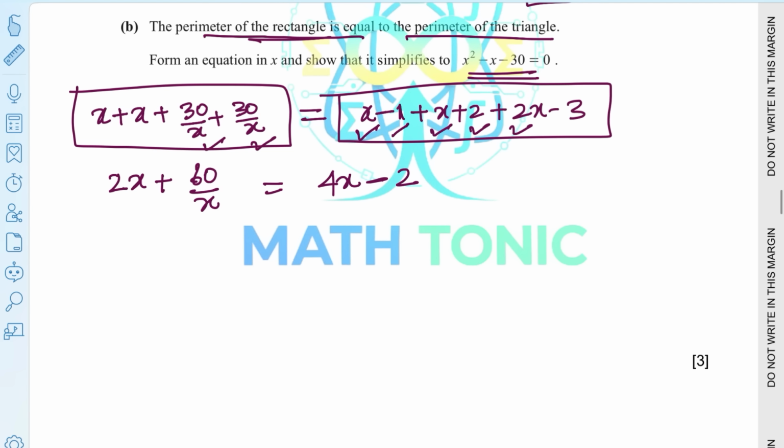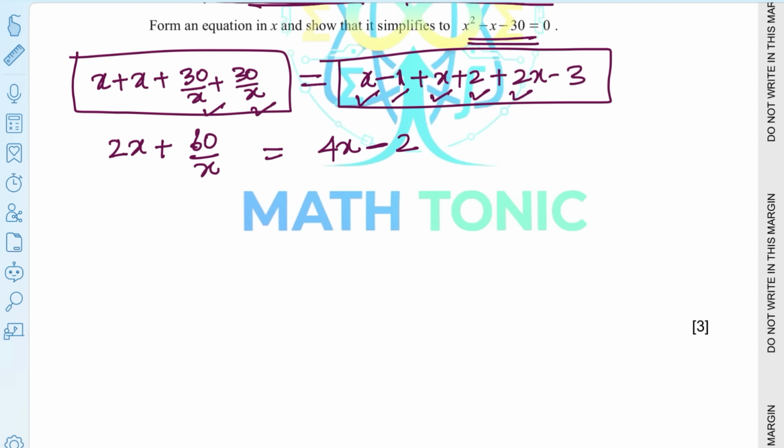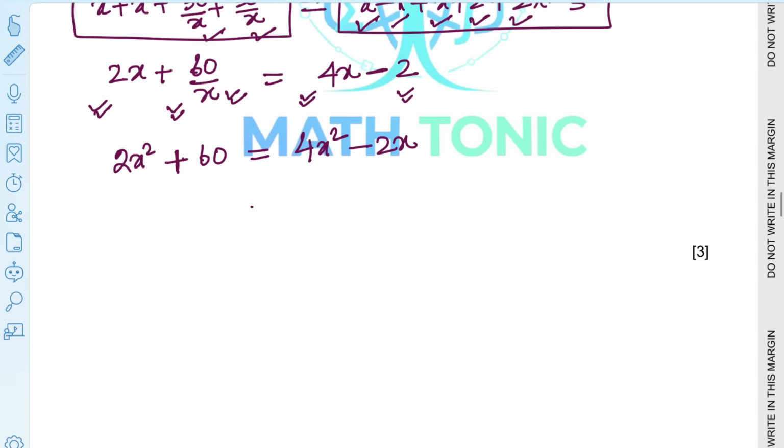Now rearrange it. So how to rearrange this one? I think we can remove this x from the denominator, so multiply every term by x. So we can say this will be 2x squared plus 60, that equals 4x squared minus 2x, right? Now try to move all the terms to one side. This side we have 4x squared, move this 2x squared, so minus 2x squared, sign changes.